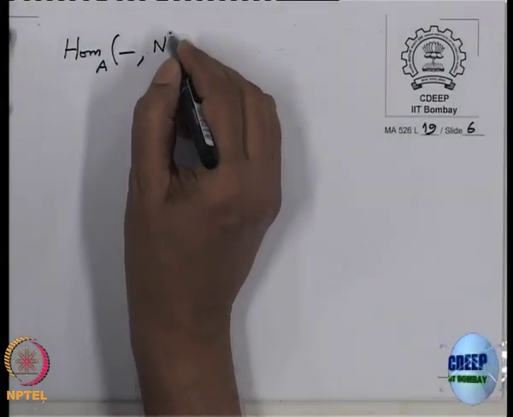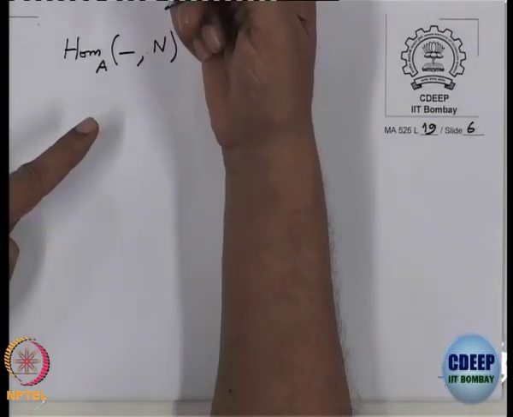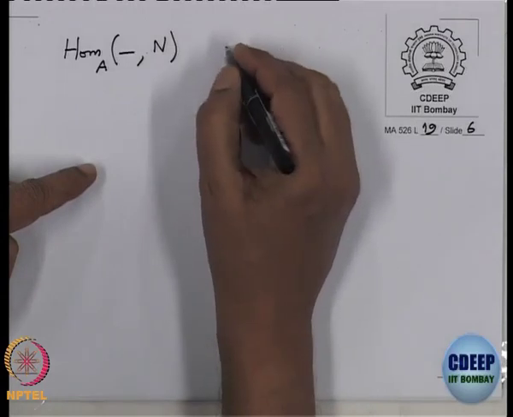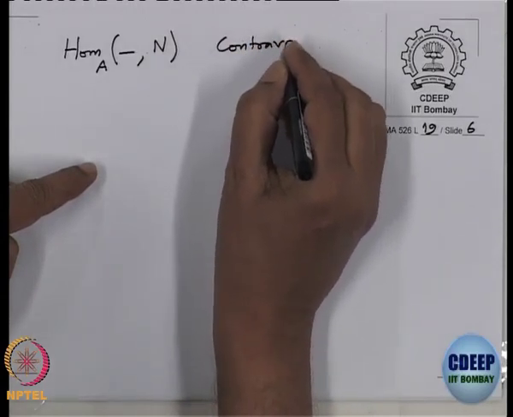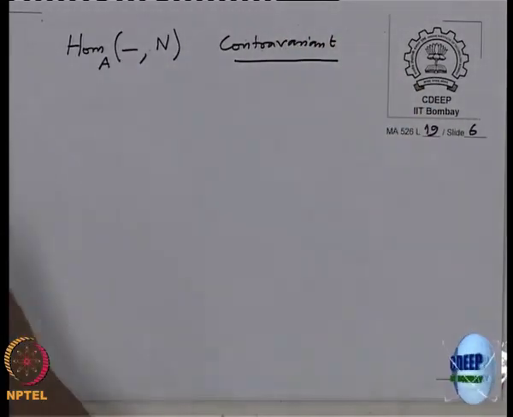And similarly, we now apply the other functor that we are interested in, home. There are several properties of this Tor and Ext. Now, you apply home A dash N. The tensor functor was covariant, this is contravariant, so the arrows will get reversed.